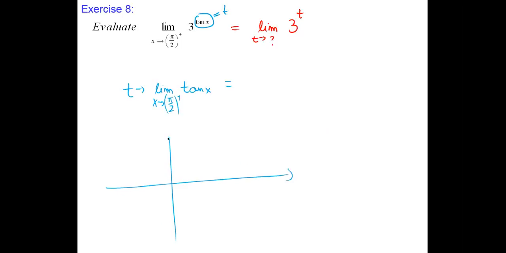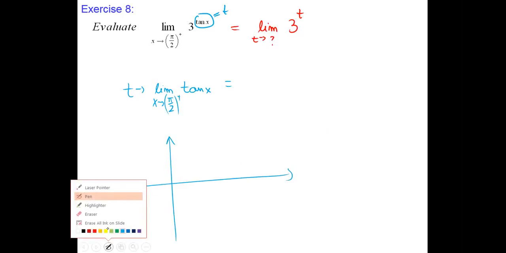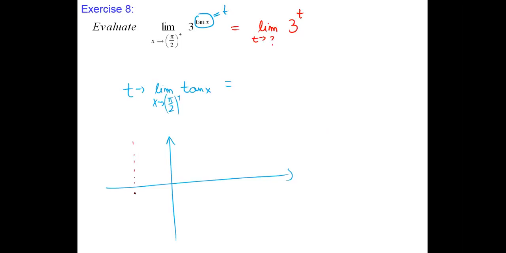But we know how the function tangent behaves. Negative pi over 2, positive pi over 2, and tangent looks like that. And then we have another one.